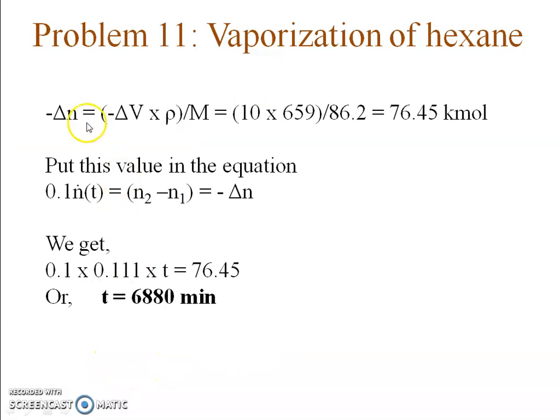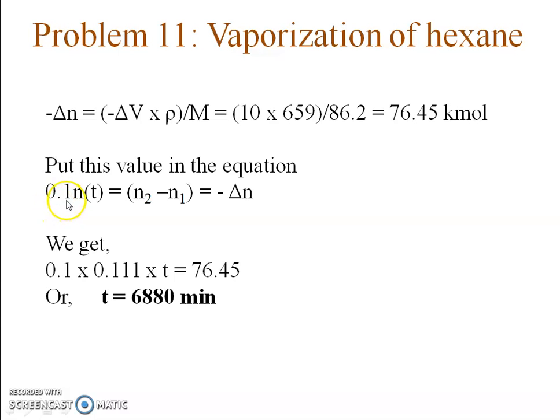So I am going to find out first the number of moles. This is volume, multiply it with density. What you get is mass, that is kg. Mass divided by molar mass, if M is your molecular weight, gives you the number of moles. So if I just multiply delta V with density and divide it by my molecular weight, I get the number of kilomoles which have vaporized.